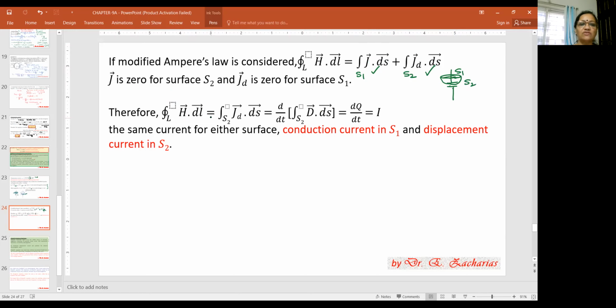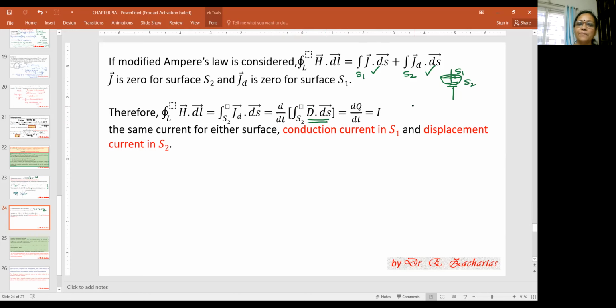H dot dl is equal to integral JD dot ds if you are applying it to S2, and that is equal to d by dt of integral D dot ds. How do you get this? Because you know JD is equal to dou D by dou t. Now look at this d by dt of integral D dot ds.